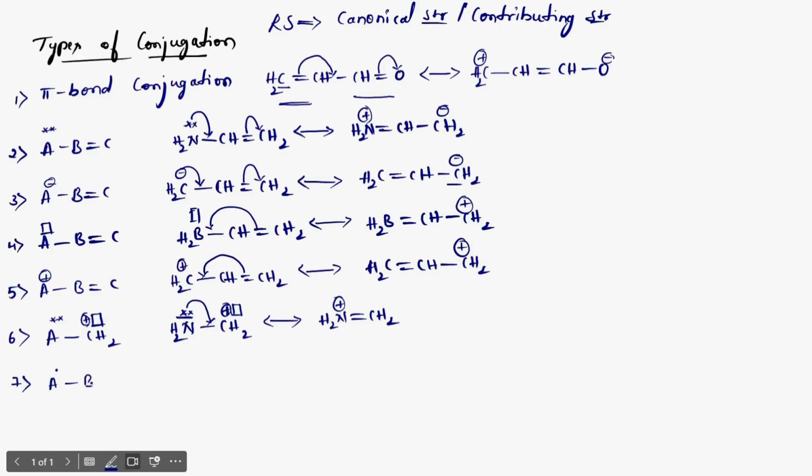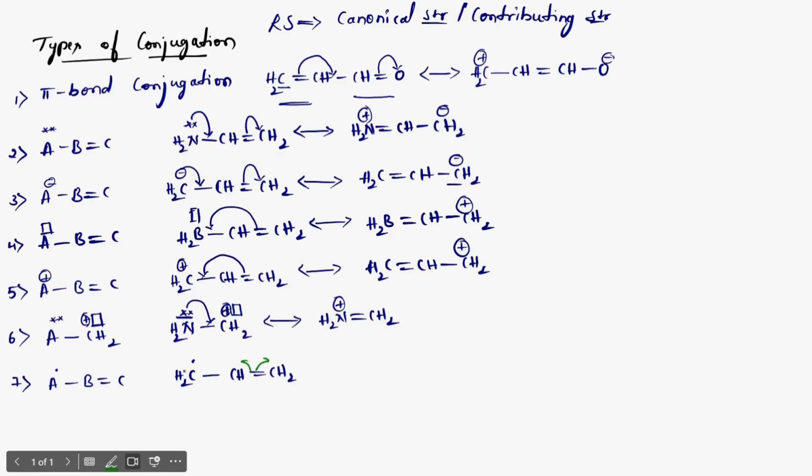Pi bond free radical conjugation. For example, CH2 free radical single bond CH double bond CH2. Here this pi bond undergoes homolytic fission.